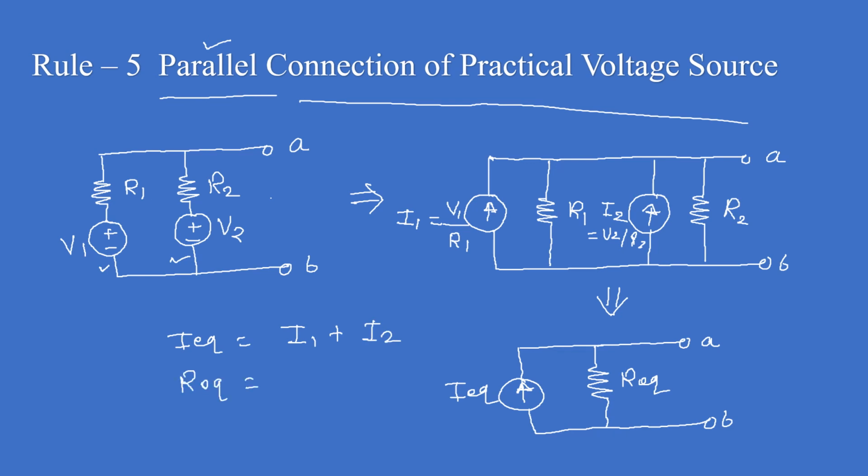R equivalent is the parallel of R1 and R2. So it is simply R1 into R2 divided by R1 plus R2. So you can see that this rule number 5 is the combination of rule number 1 and rule number 3, where depending upon the connection we decided that the voltage source should be converted into a current source and then it will be converted into the practical current source.